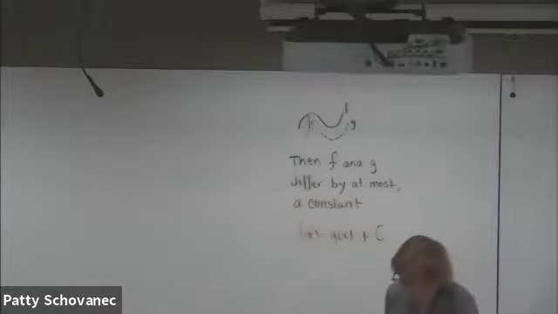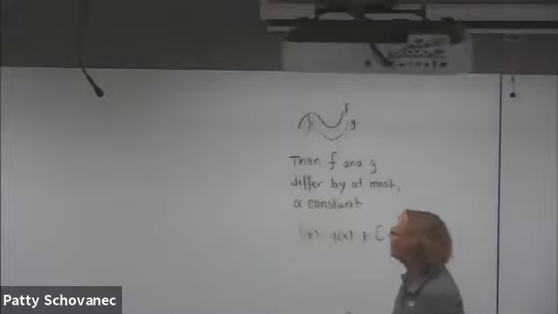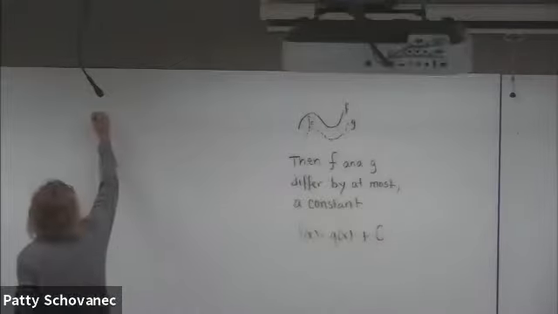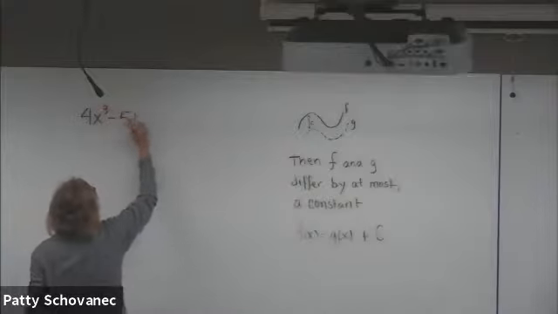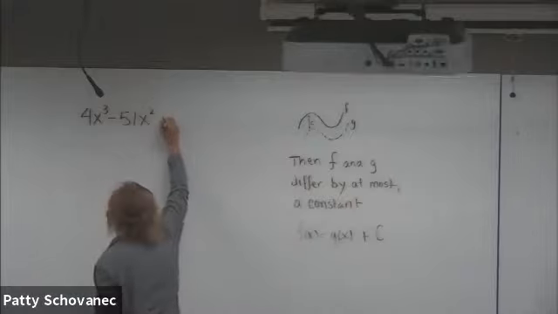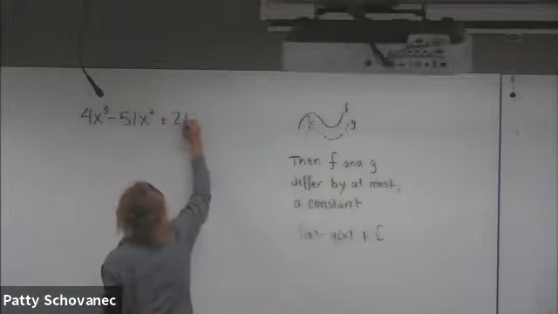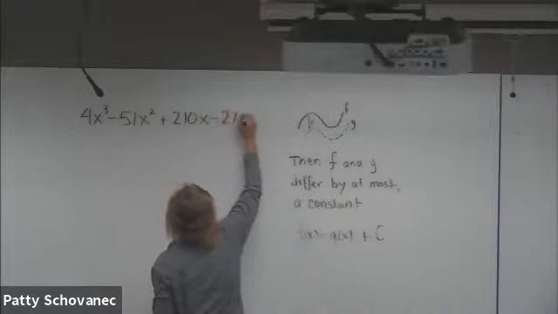Thank you guys. For some reason the internet's not working, but I think I remember it. It was 4x cubed minus 51x squared plus 210x minus 275. And you want me to do what with this?